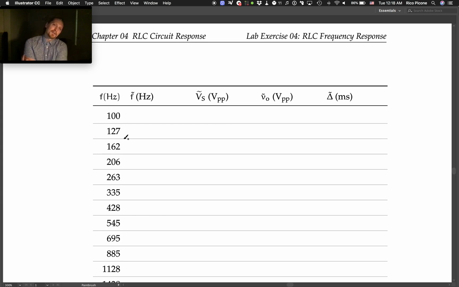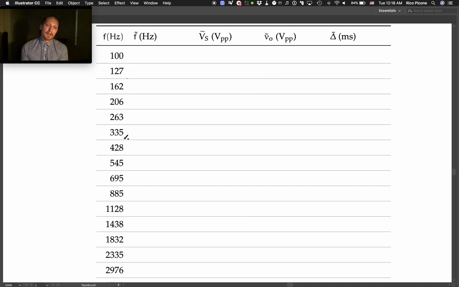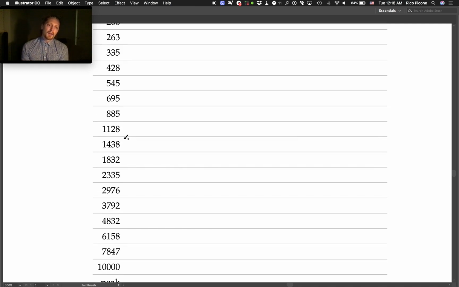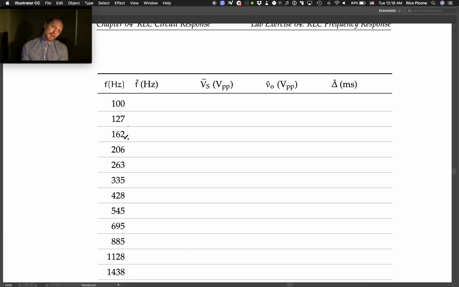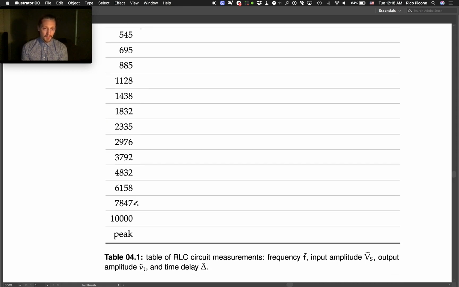The reason for that is that you're going to get a higher density of points when you're in the lower frequencies. You use a logarithmic scale, and then when you go to the higher frequencies, they trail off a bit, and that's because we're more interested in the lower frequencies. So we're going to do that.